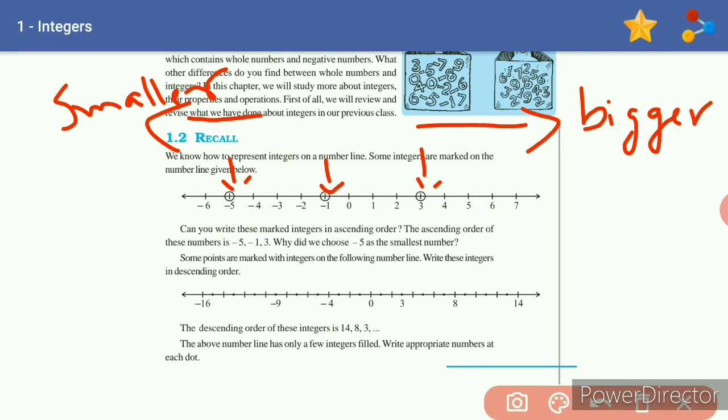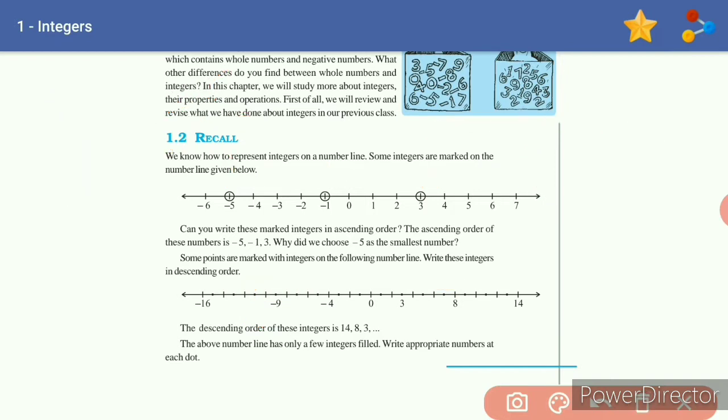Similarly, the number which lies in the left side is the smaller number, and if we travel to the right side, the numbers become bigger and bigger, and if we travel to the left side, then the numbers become smaller and smaller.